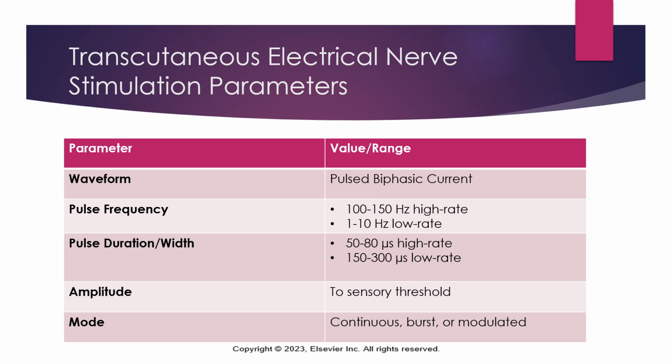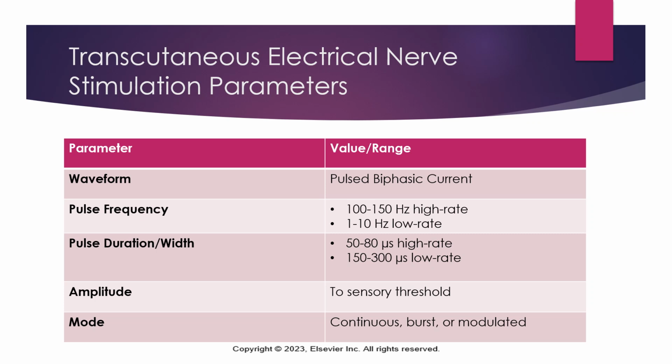If you remember what the pulse duration is, or that phase duration is, the way that I think about this is the longer that pulse duration is on, the higher likelihood we have of eliciting a muscle contraction. So if we're going to use high frequency, this is gate theory of pain control, we want a low pulse duration of 50 to 80 microseconds.